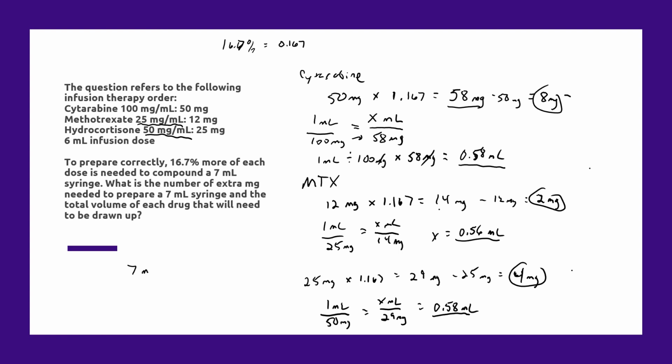So we would take our total solution needed, and subtract the 0.58 milliliter volume for the cytarabine, the 0.56 milliliter volume for the methotrexate, and the 0.58 mL volume for the hydrocortisone. And we would figure out that we need an additional 5.28 milliliters of whatever the appropriate diluent is for this order.